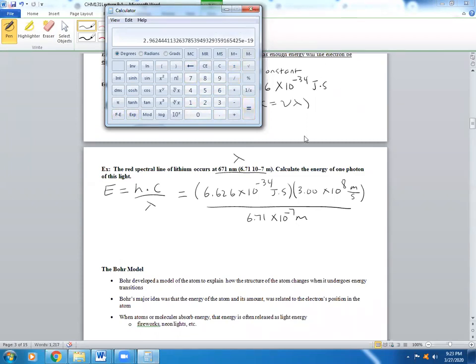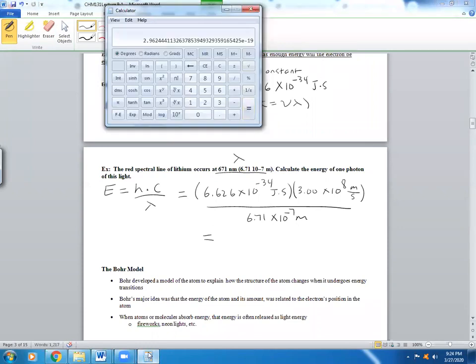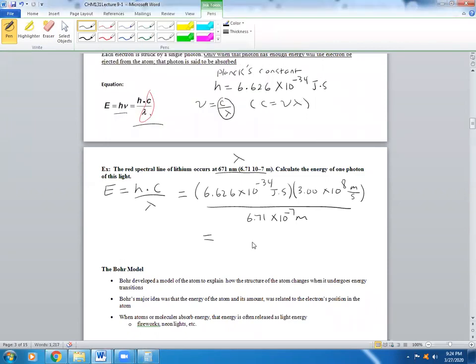Here it is. I need 3 sig figs, so I get 2.96 times 10 to the negative 19th.